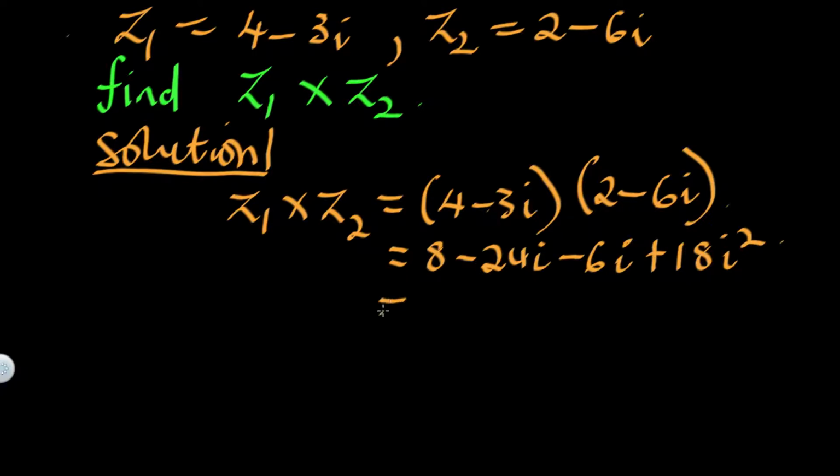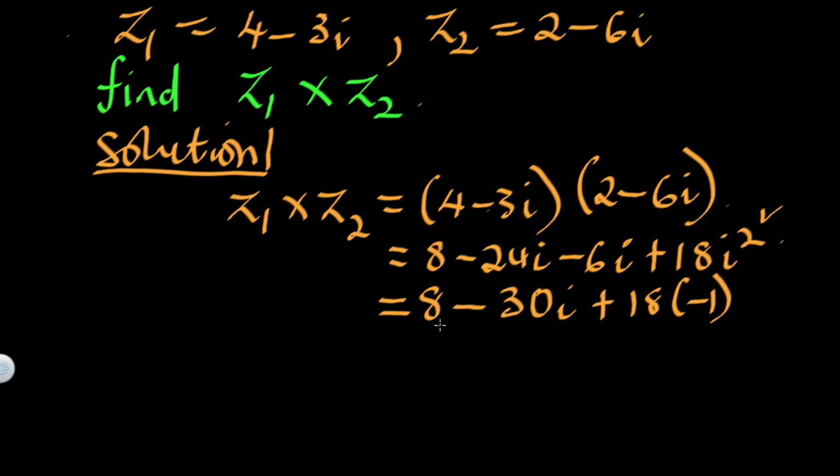All right, let us simplify. 8. If we simplify the i's, we get minus 30i. Then plus 18 times minus 1. We're going to replace the i squared with minus 1 because this part here is actually also real.